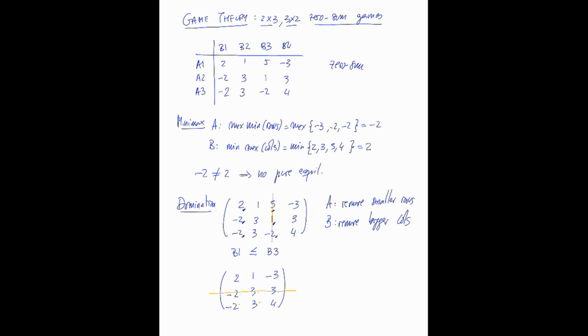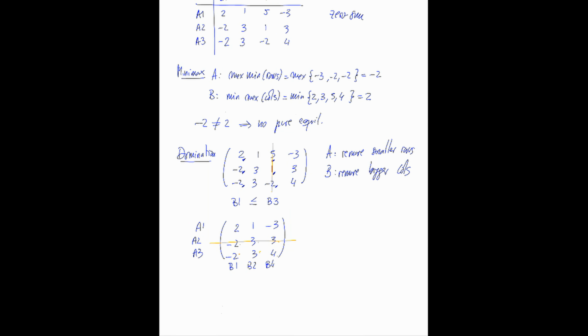So remember, it was A1, A2, and A3, and these were B1, B2, and B4. It has been reduced to 2, 1, -3, -2, 3, 4, with the strategies A1 and A3, and B1, B2, and B4. How do we solve this?